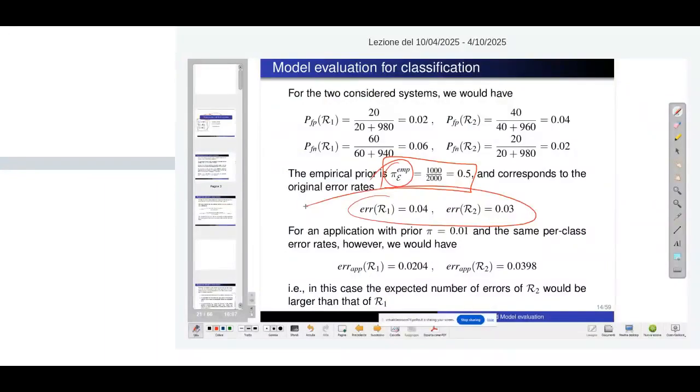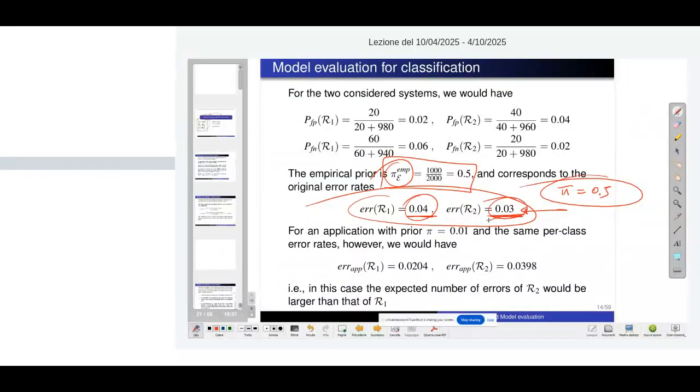So for an application where the prior is 0.5, this reflects the error rate that we would have on that application. So we would select R2.